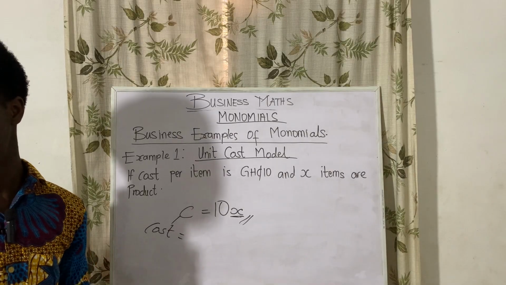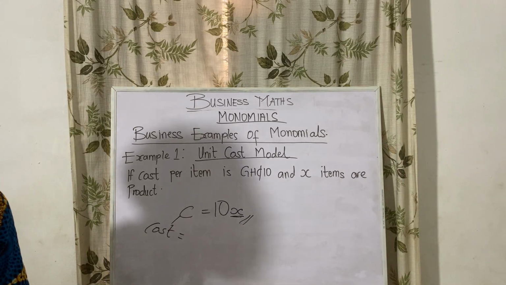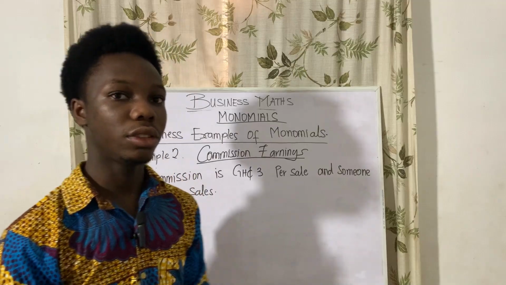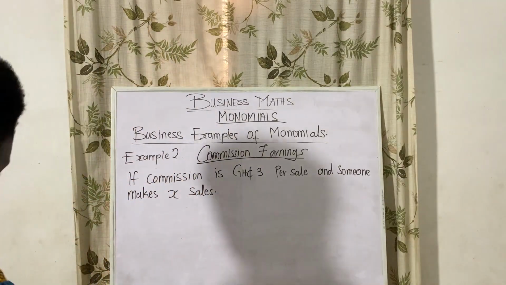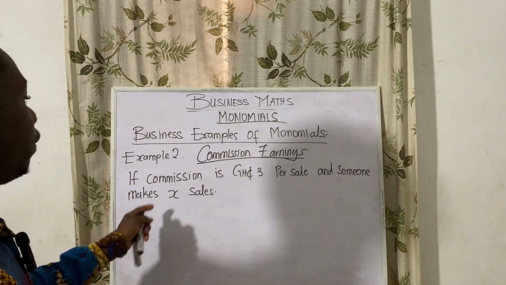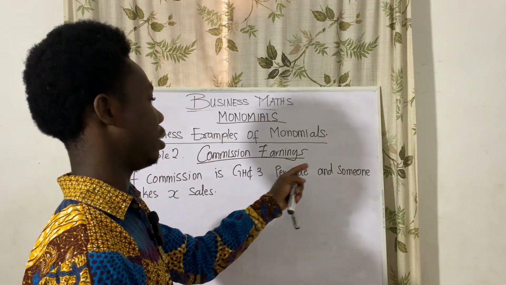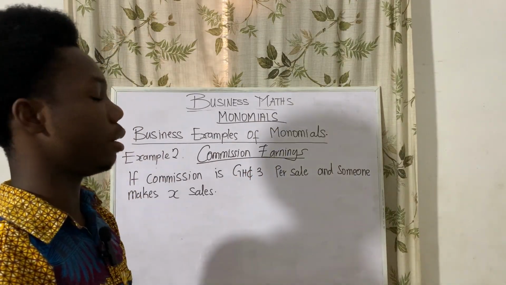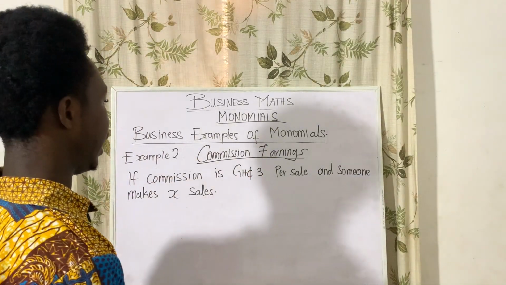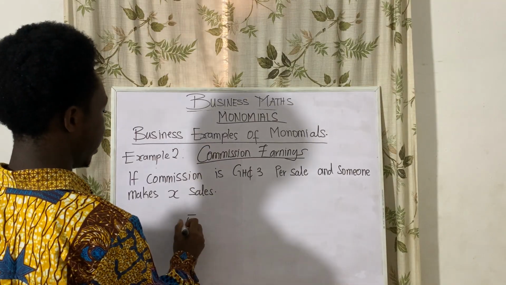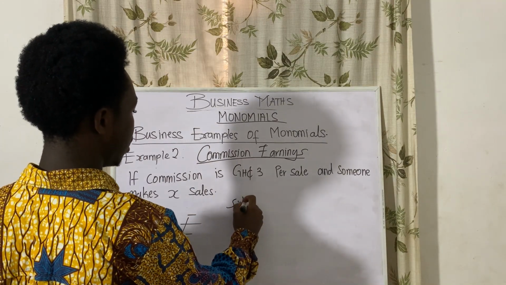Please, are we good? Now let's look at another example. Example 2 over here. If commission is 3 Ghana cedis per sale and someone makes X sales. Now the commission earnings. So over here we have the earnings. This is going to be your answer.